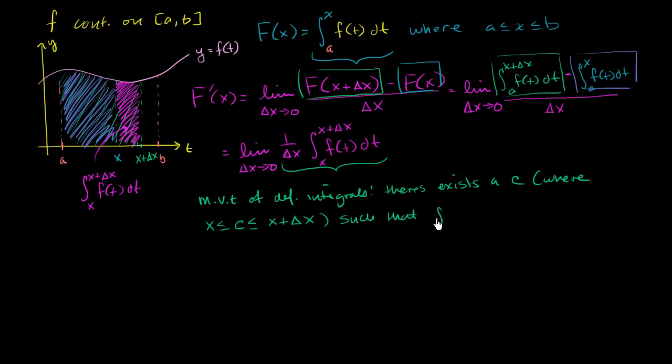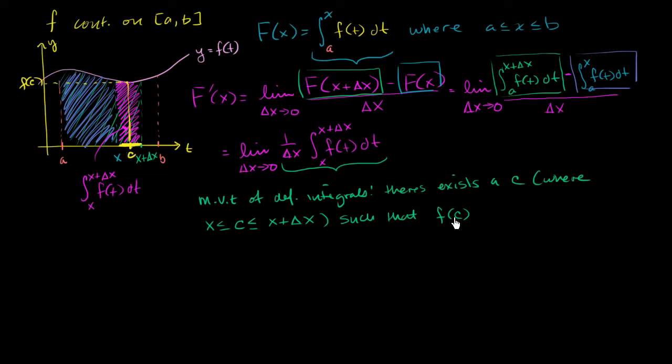the function evaluated at c, so let me draw this c. So there's a c someplace over here. If I were to take the function evaluated at this c, so that's f of c right over here, which would essentially be the height of this line, and I multiply it times the base, this interval, which is just delta x, x plus delta x minus x is just delta x.